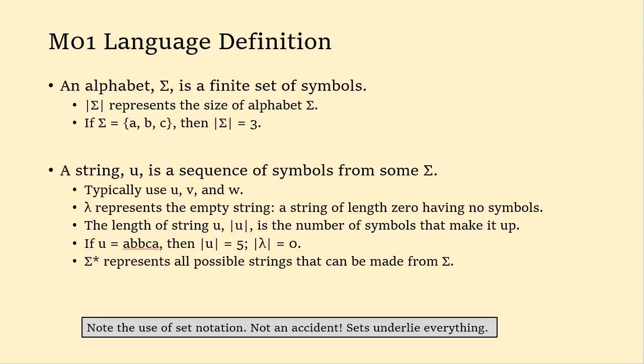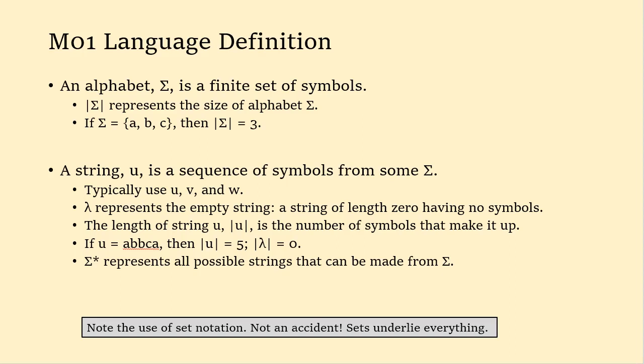Usually if I'm talking about only one string, I'll use U. If I need to talk about 2 of them, I'll talk about U and V. Lambda represents the empty string. That's a string of length 0 and it has no symbols.